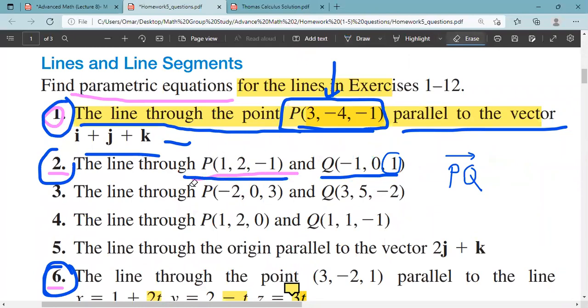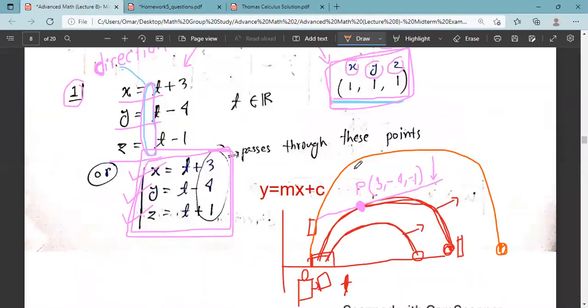We started with P, right? You see here P to Q direction. So we started with P, so this P will be our intercept. If you imagine here, this point P.